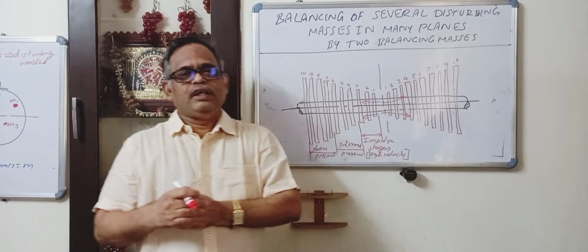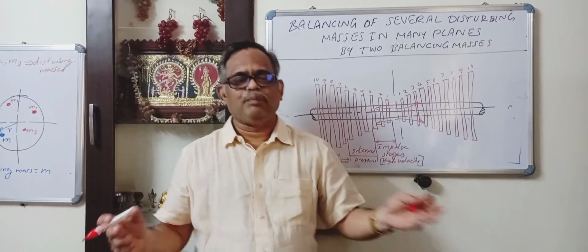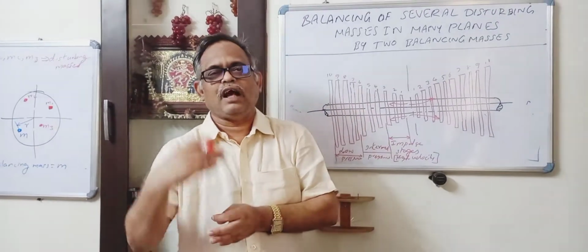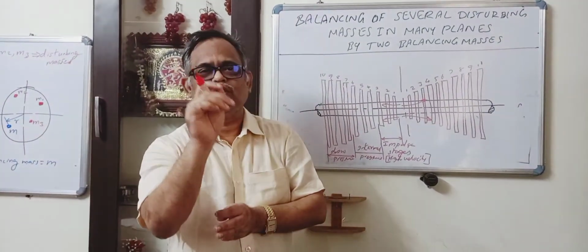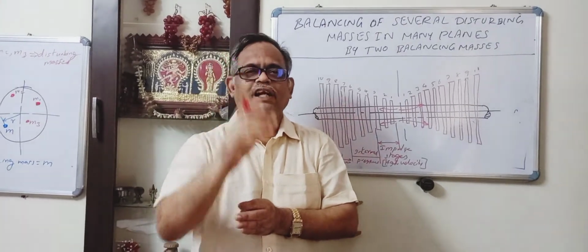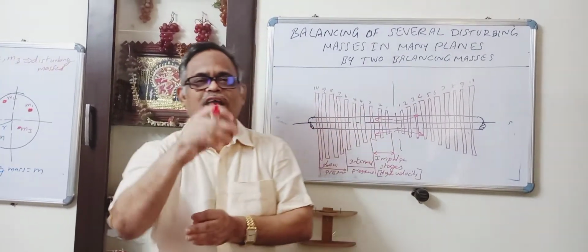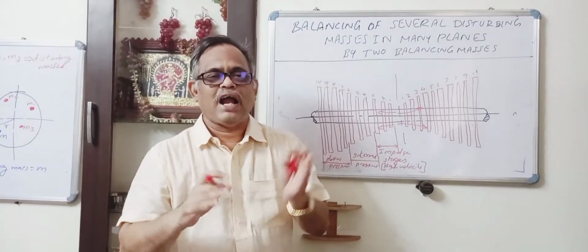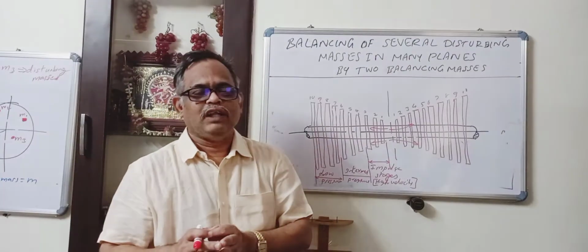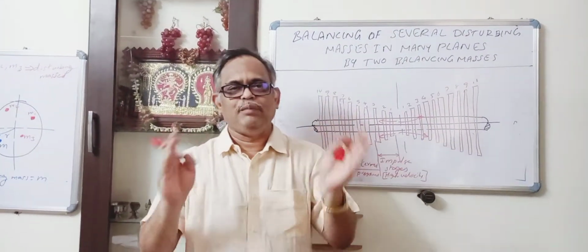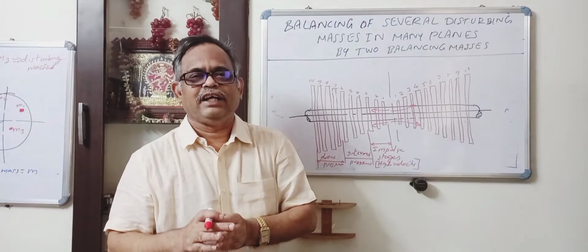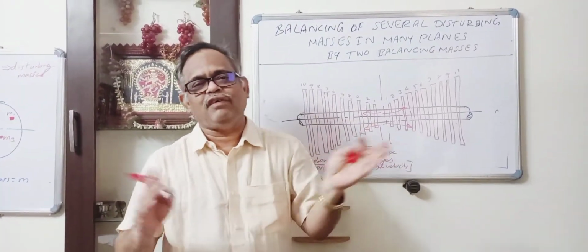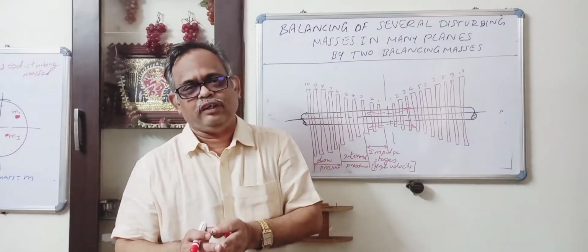The wheel will be kept over a shaft and made to run, and the computer will say how much mass is to be added at the wheel rim and in which plane. They insert it and hammer it slightly, and that will give you the balancing of the wheel. So when there is complete balance, the vibrations will be minimum, and unnecessary noise, everything will be minimum. Once the vibrations are minimum, the life of the rotor also will be more, right? Thank you.